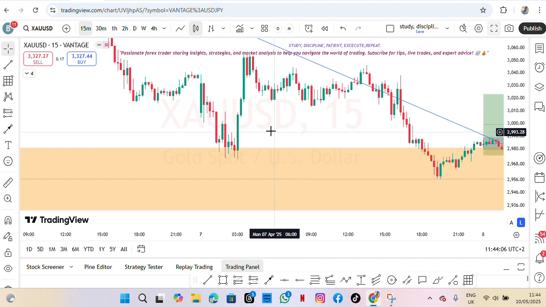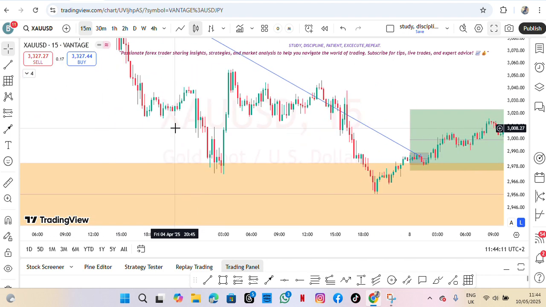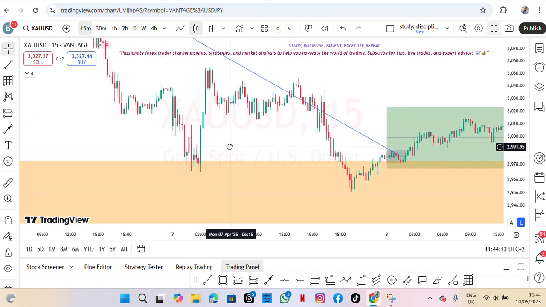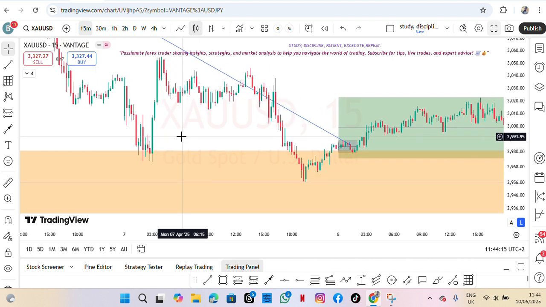Until you start identifying these zones on the higher time frame before you take a trade, you will not make a reasonable amount of money in the market.